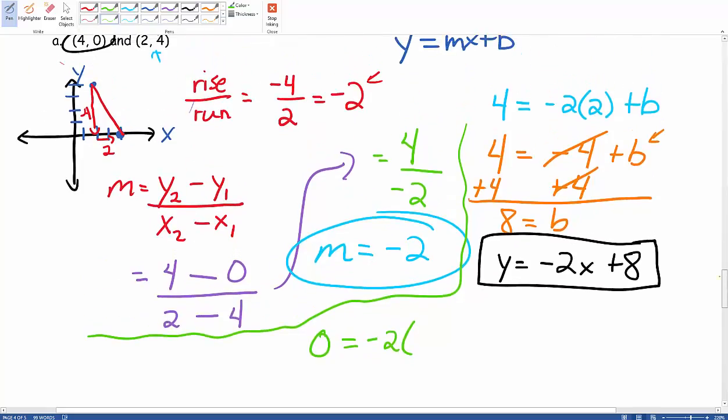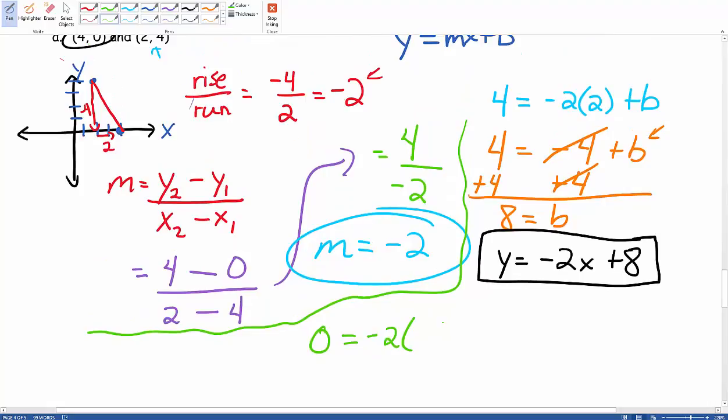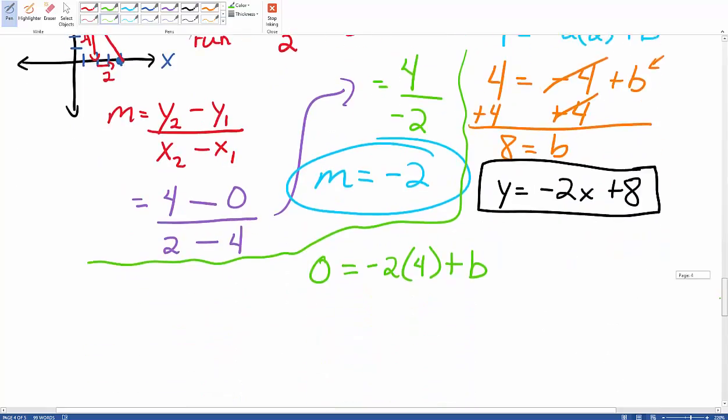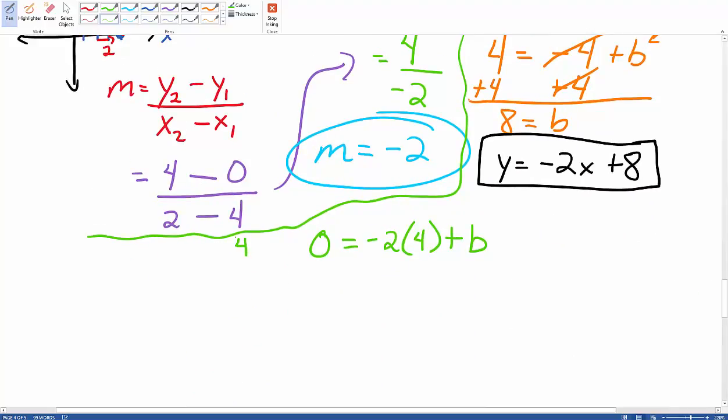We said that it was 4, plus some b. Really all we're doing with this second one, we should probably say that this first one is our 2, 4 point, and here we're going to try it with our 4, 0 point, just to reiterate that we are getting the same exact line.